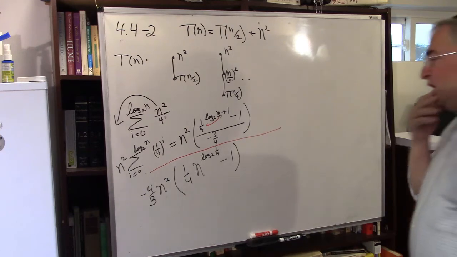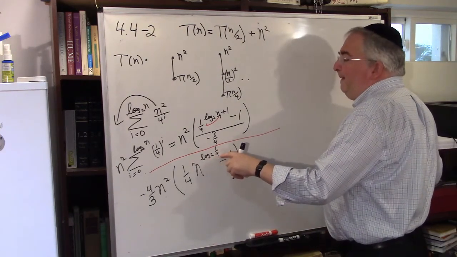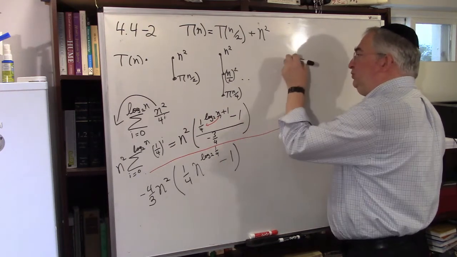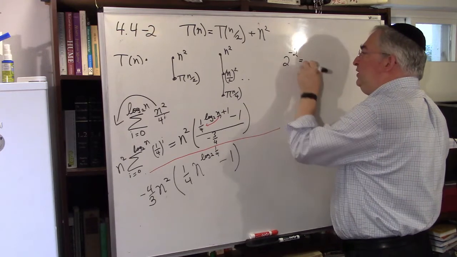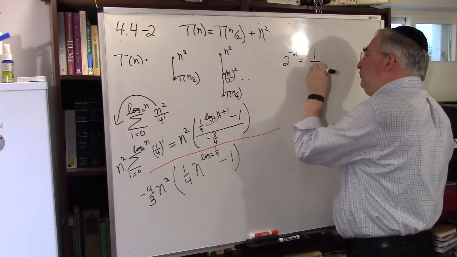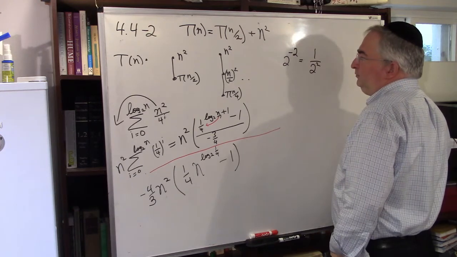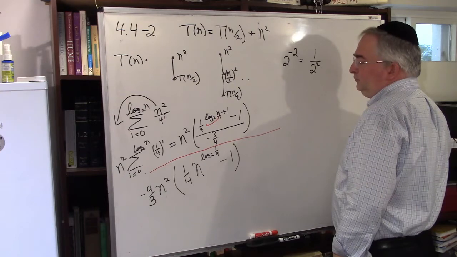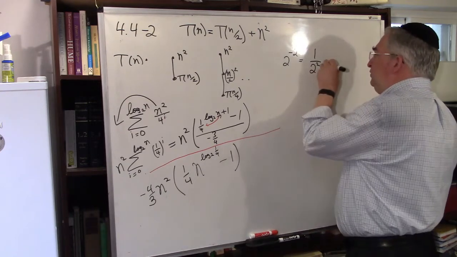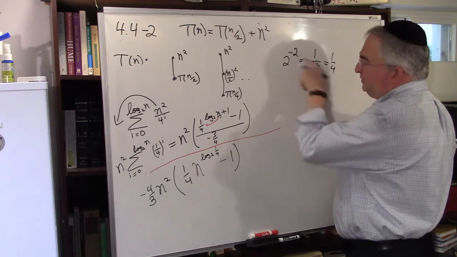Okay, let's just do this. What do you have to raise 2 to in order to get 1/4? Just remember, 2 to the minus 2 is equal to 1 over 2 squared, which is equal to 1/4. So the answer is minus 2.